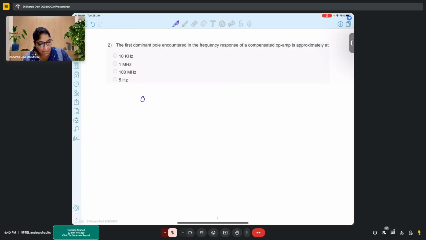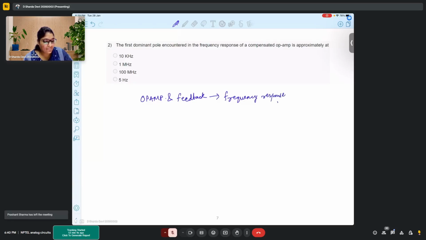We understood op amp, right? Till now, we have seen op amp and a little bit about feedback, right? So the next question arises, what is frequency response? And from there, we'll go to poles and zeros.